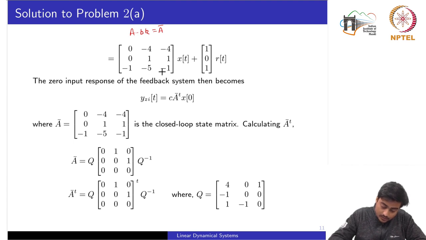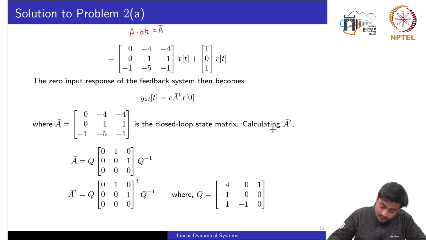Now the zero input response, meaning that we substitute r is equal to 0, and the solution of the discrete time homogeneous system is given by this one: the C matrix multiplied by A bar to the power t, where t is discrete in nature, times x of 0. Okay, where A bar matrix is the closed loop state matrix.